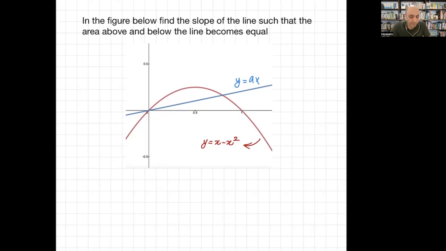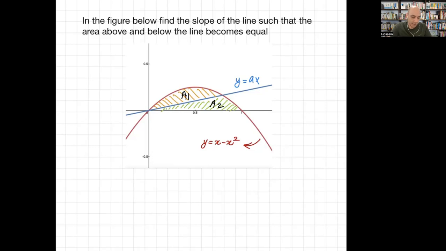We wanted to find it, and then we wanted to find the slope in such a way that this area above the line, let's call this A1, is equal to the area below the line. Let me shade that area. Okay, let's call this area A2. And then the question is asking to find the slope of the line in such a way that A1 and A2 are equal.